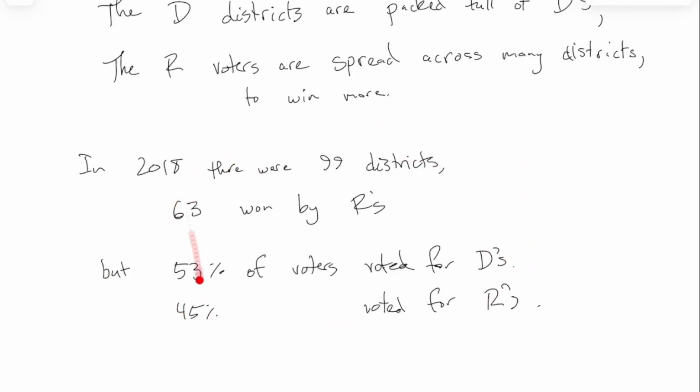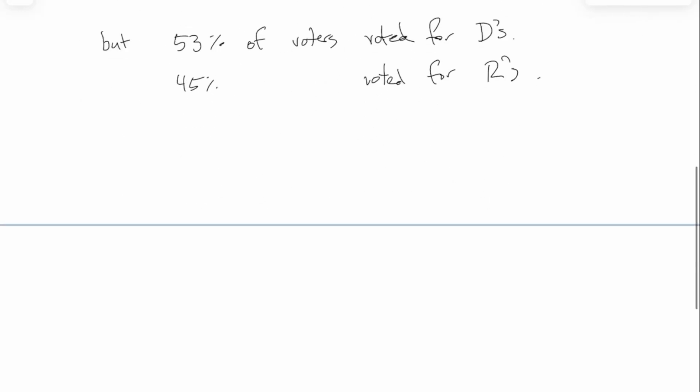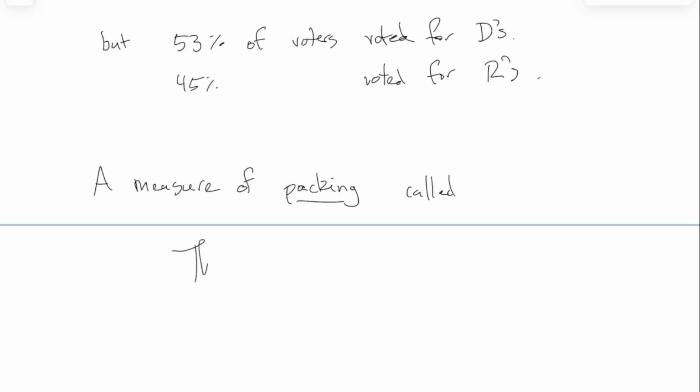We should be able to look at these numbers and similar types of numbers to specifically measure how good the map is or how bad the map is just by the numbers. All right, so this is a measure of packing, and this is the most well-known, and people in politics talk about this: the efficiency gap.